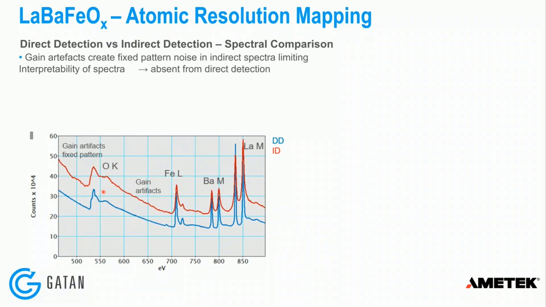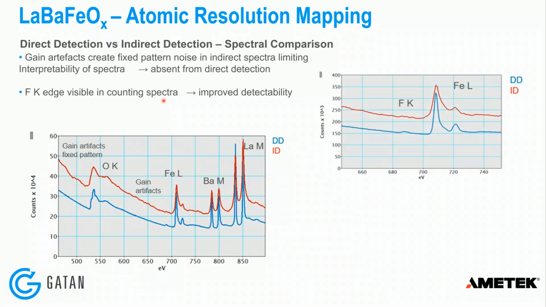Where we have strong features, that doesn't hurt us that much for the data. You can see that there's oxygen, iron, barium, lanthanum. But if we have a very, very small feature, it becomes difficult to pull the information out of the spectrum.